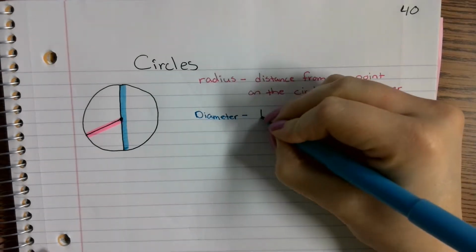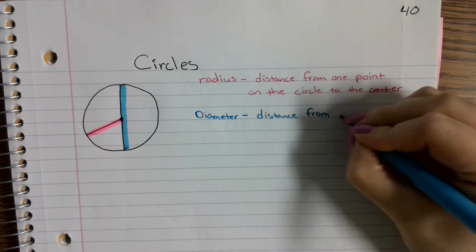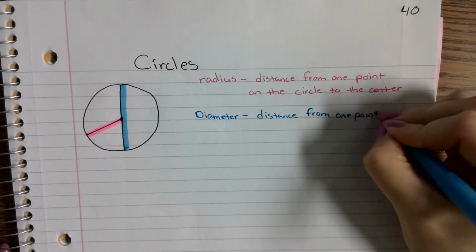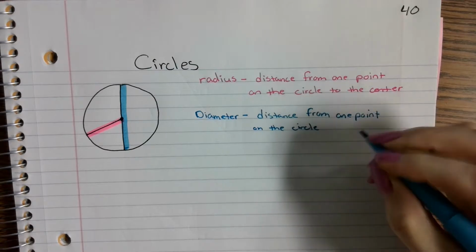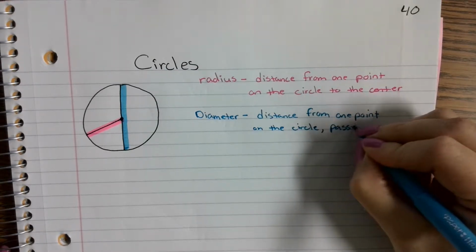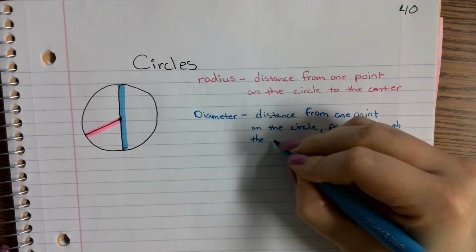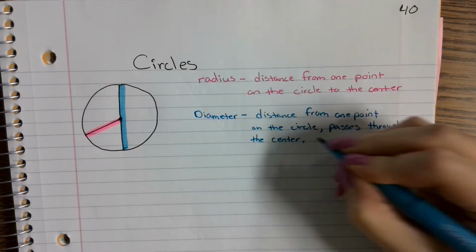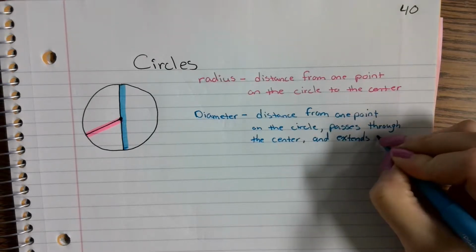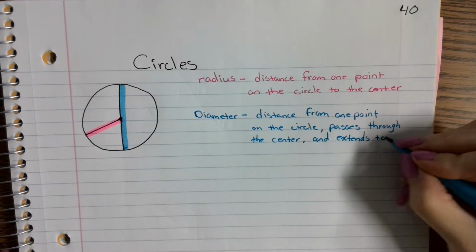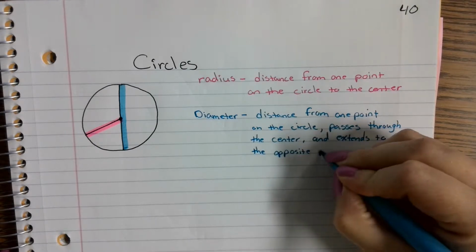And the diameter, again, is the distance from one point on the circle, passes through the center, and extends to the opposite point.